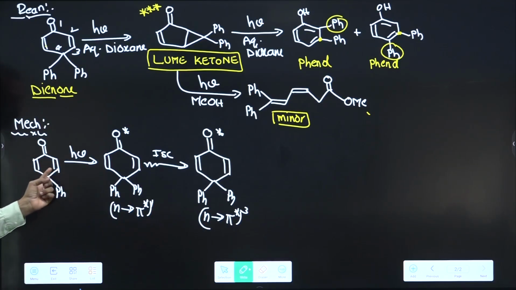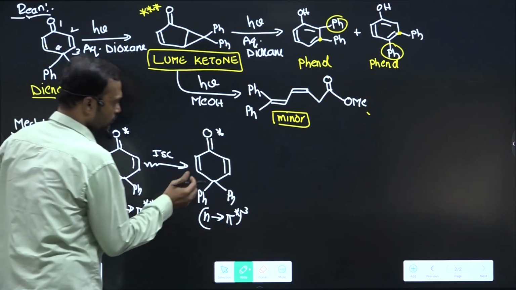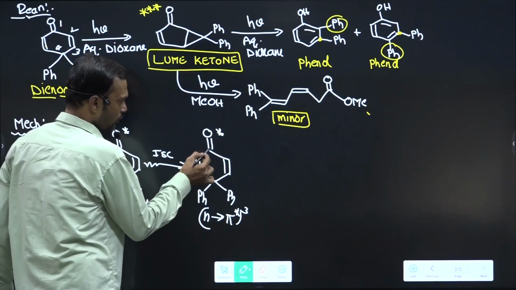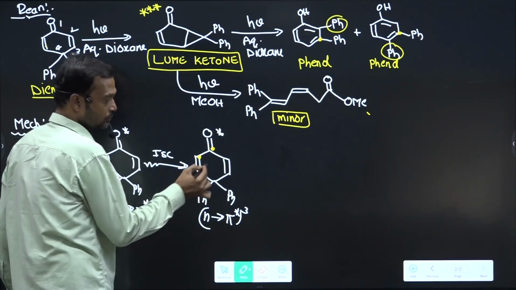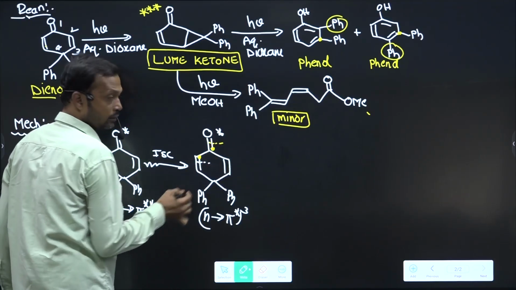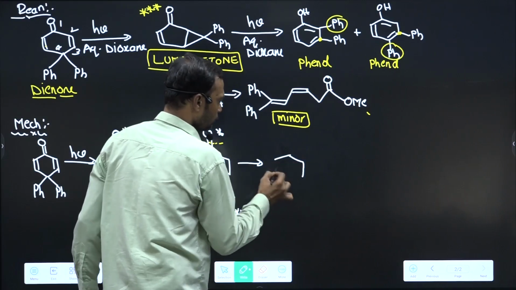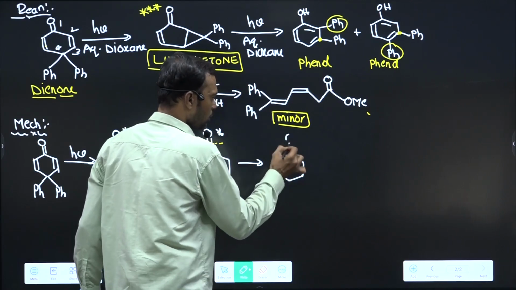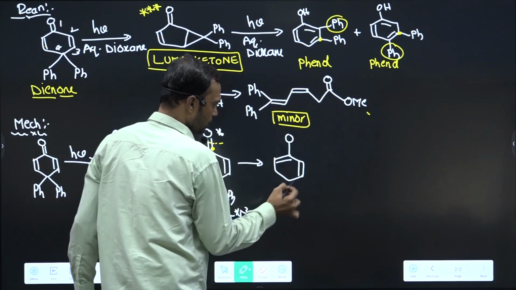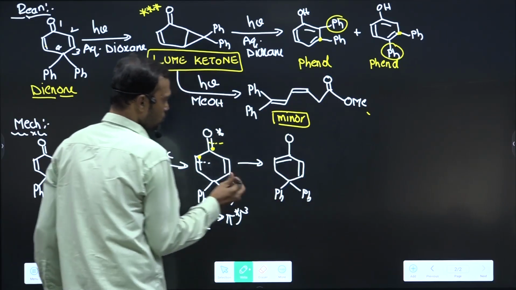First it is photochemically irradiated, you will get singlet, later on triplet. Now these two electrons are involved in bond fission. First you break homolytically, then these two radicals will join together. If these two are joined together, you will get a double bond and two radicals. Here two substituents are present, Ph and Ph.